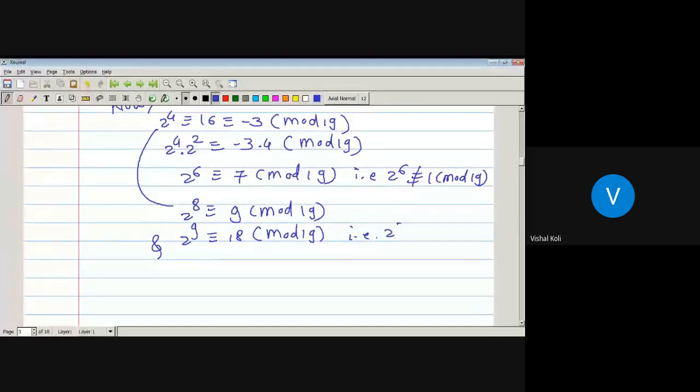That is, 2 to the power 9 is not congruent to 1 modulo 19.